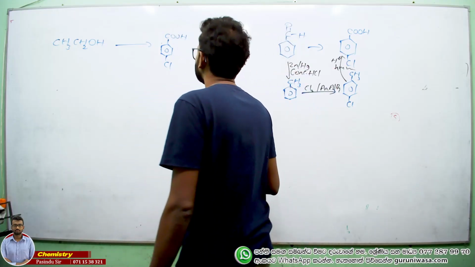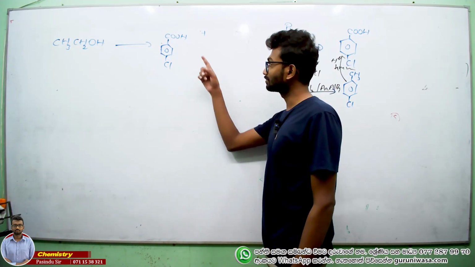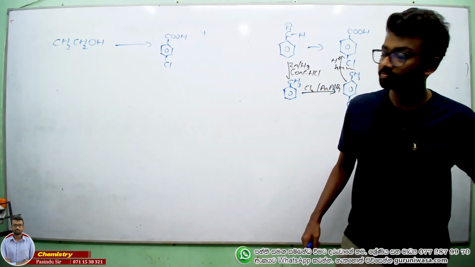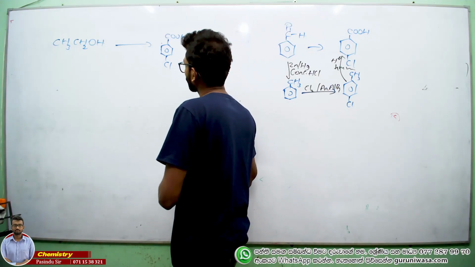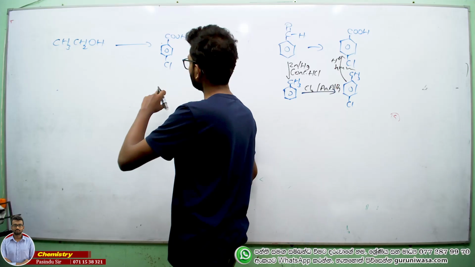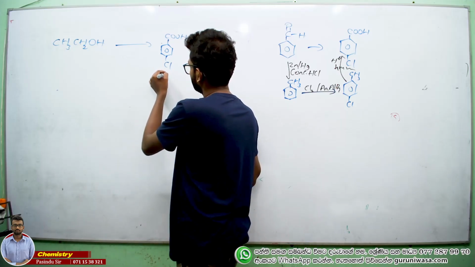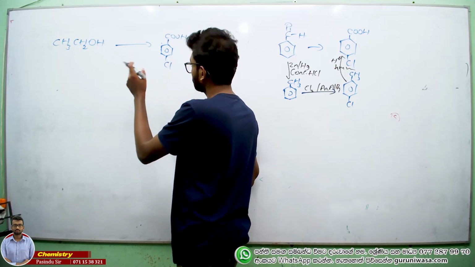Here these two are orthopara, right? Then it's easy. What you have to do? Just add an orthopara group into the benzene, right?